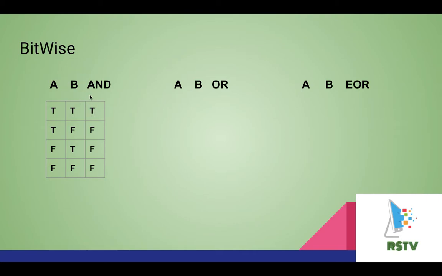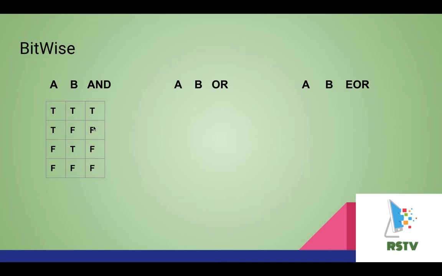A expression and B expression, if both conditions are true, then only true will come. Next, A is true but B is false. If the second condition is false, the total output will be false.